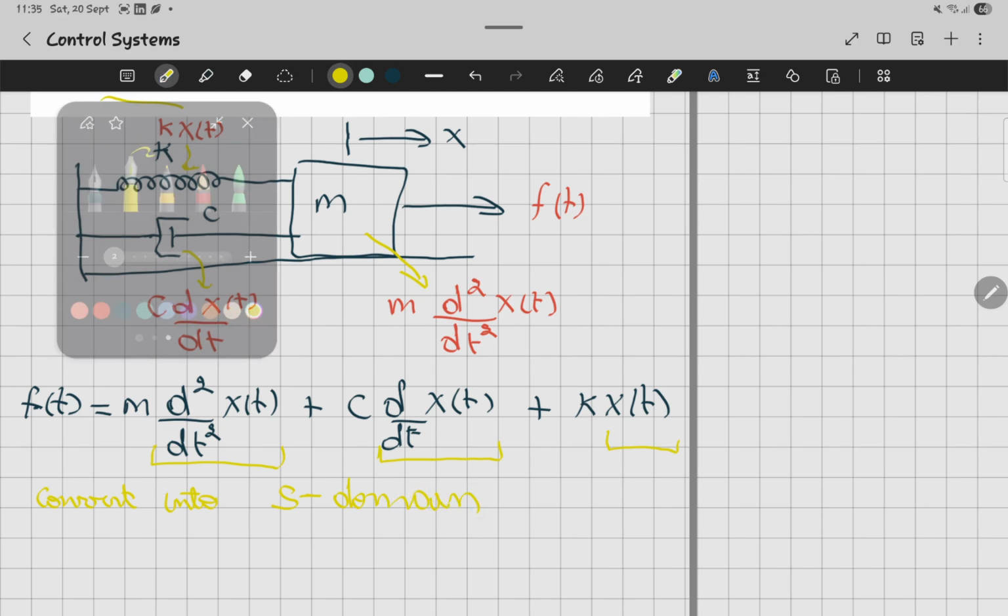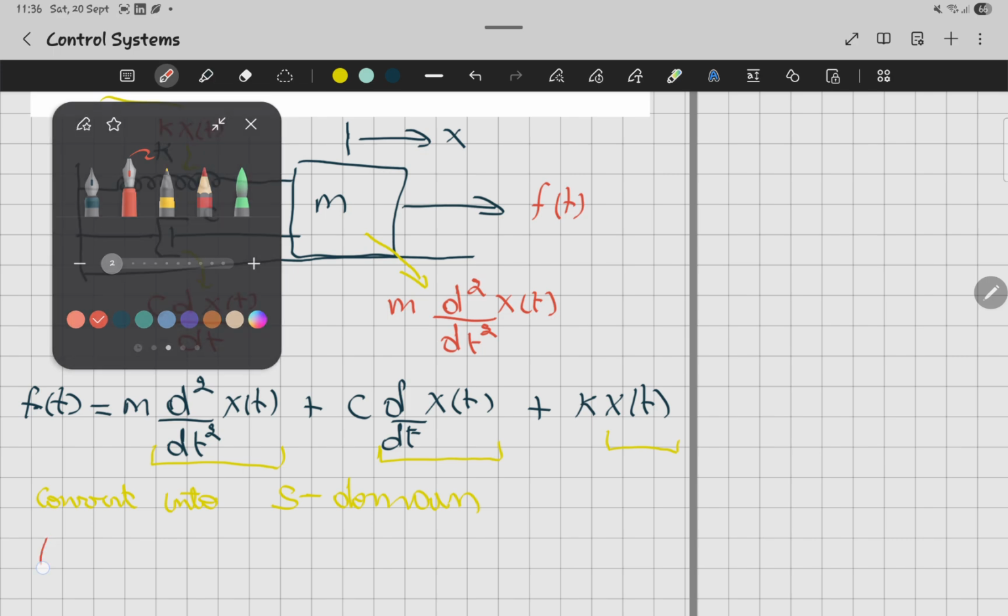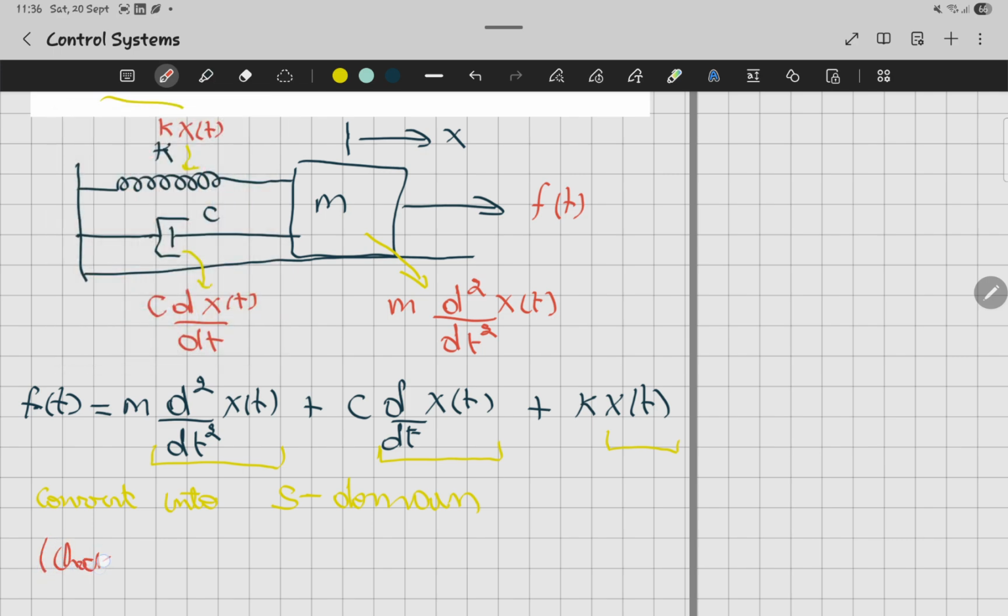And then there is one thing important you need to check for: the initial condition. This is what you need to check before you move to the S domain.